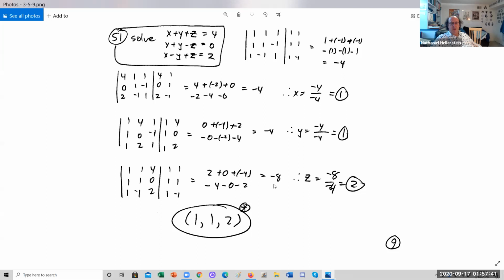After a bit of work, that comes out to negative 8. So z will be this negative 8 divided by the determinant of the matrix, negative 4. Negative 8 over negative 4, that's a 2. So the solution is x equals 1, y equals 1, z equals 2.